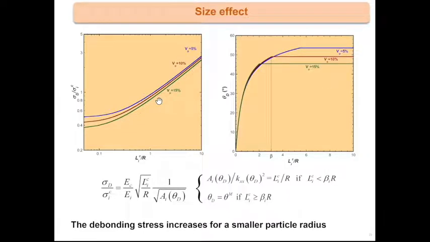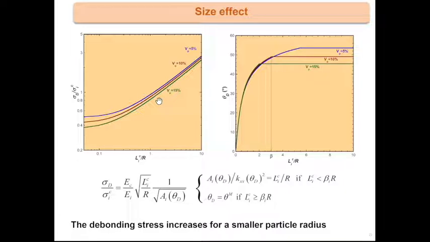Okay, so finally, for this problem of interfacial debonding, the solution can be written like this, and it is plotted here in terms of debonding stress divided by the interfacial strength versus the interfacial length divided by the radius of the particle. You still have a size effect here. That is to say, if the interfacial length is large enough as compared to the particle radius, you are dominated by the energy condition.